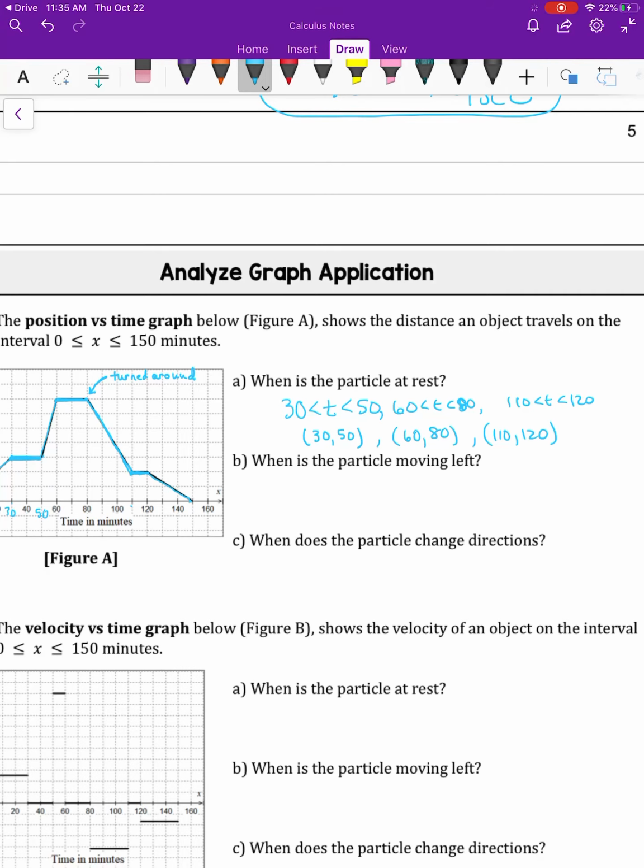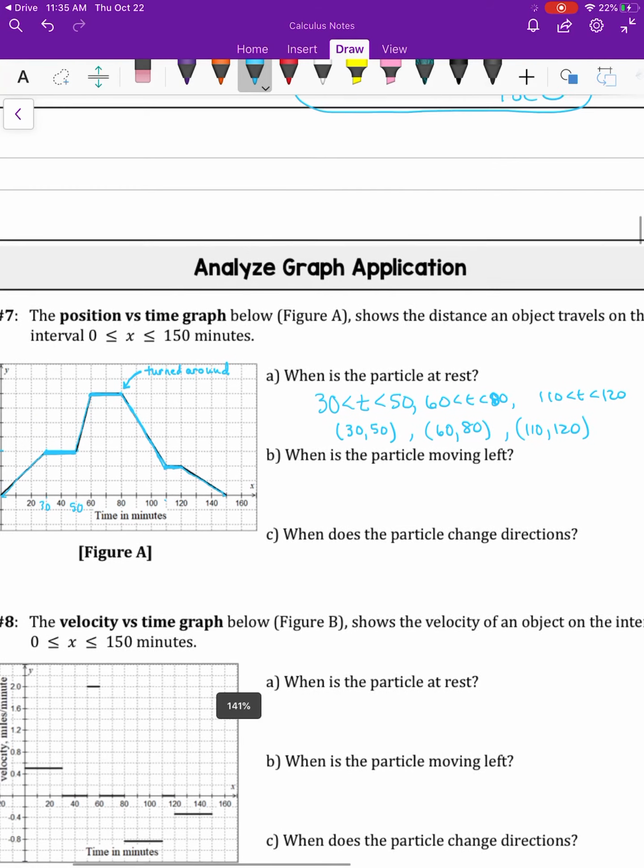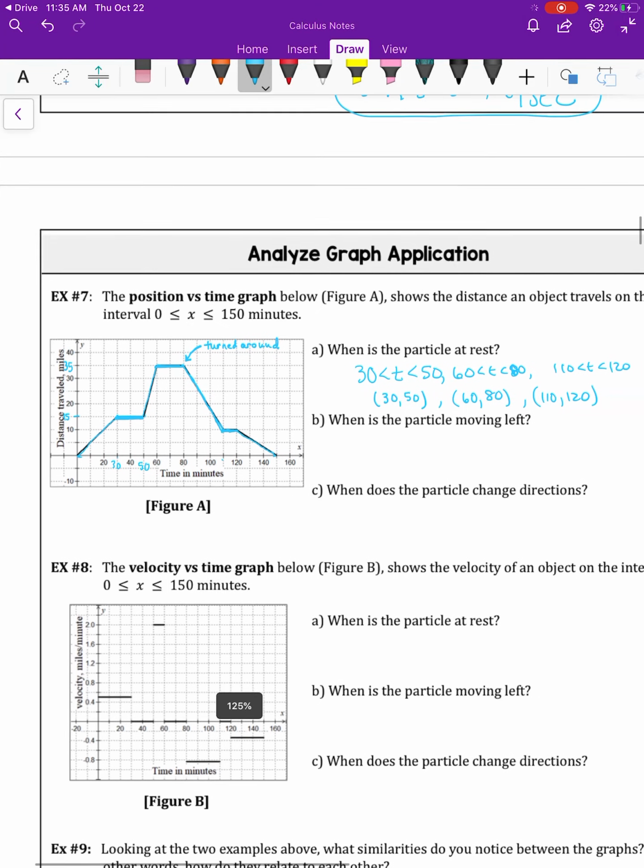Okay, either one works. When is the particle moving to the left? So we're going to talk about it moving distance away. Let's say that it was a starting point at 0, 0 on the x-axis, and let's say that this is representing miles.